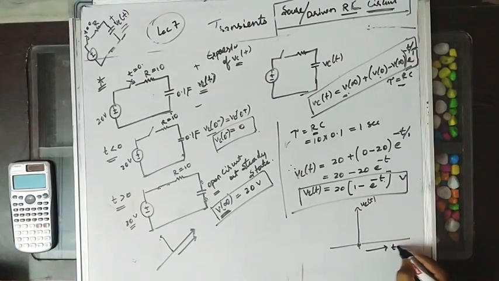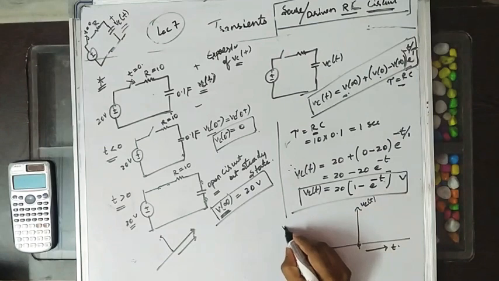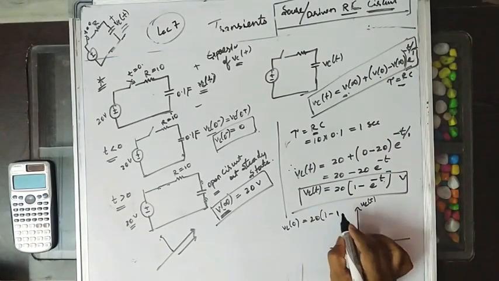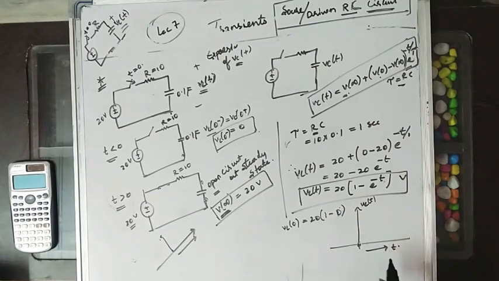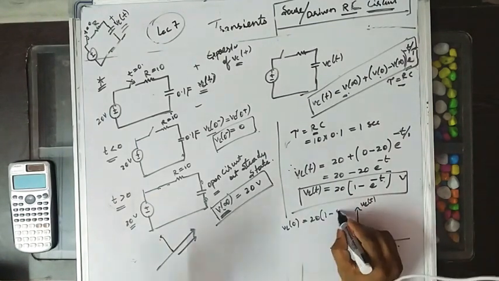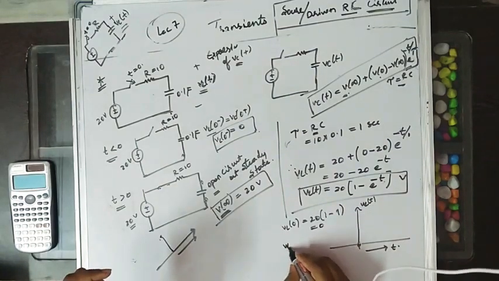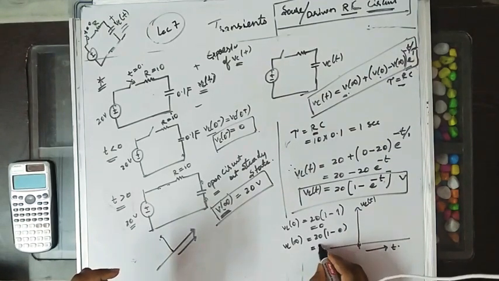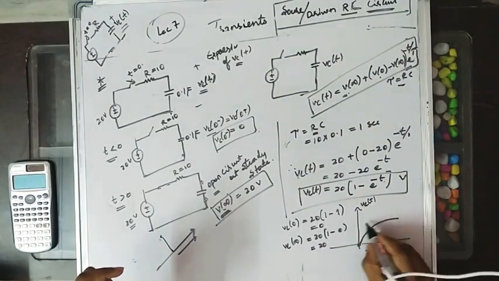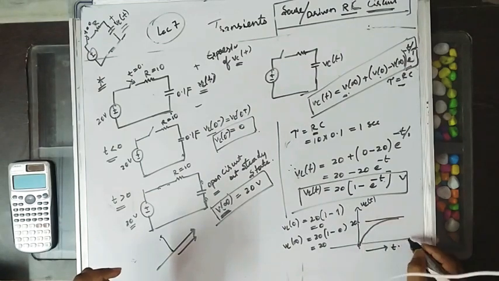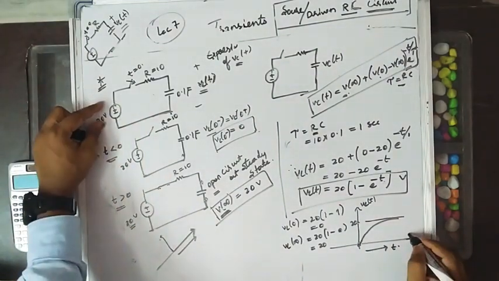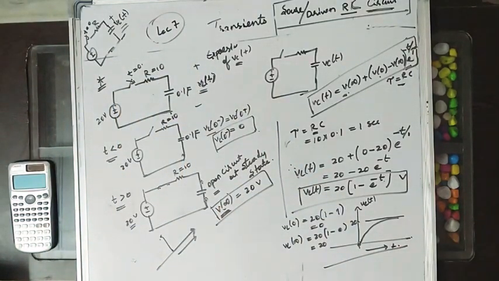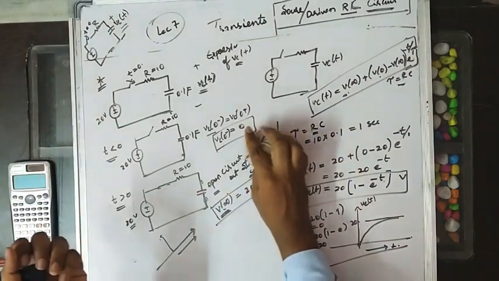So increasing the time, at t equal to 0, Vc of 0 equals 20 into 1 minus 1, that equals 0, and Vc of infinity means 20 into 1 minus 0, which will become 20. So the capacitor is charged to 20 when time tends to infinity. So whatever the voltage is there, that will be accumulated here. This is the simple sum. So basing on this concept only, we'll solve another problem.